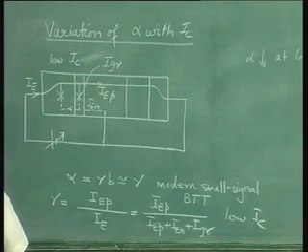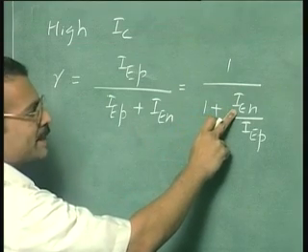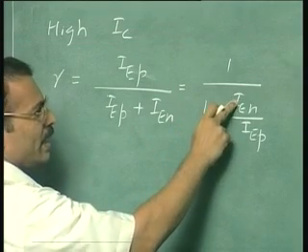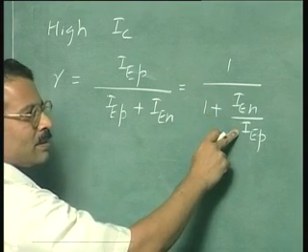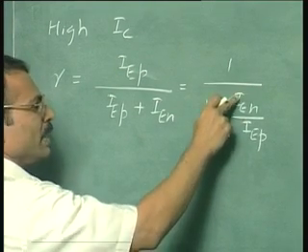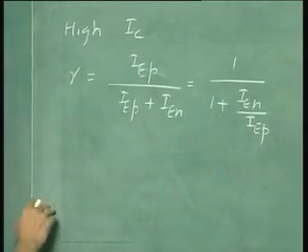So the amount of IEN that is injected is higher as compared to moderate current conditions. I am sorry, the IEN by IEP ratio rises for higher values of IC.